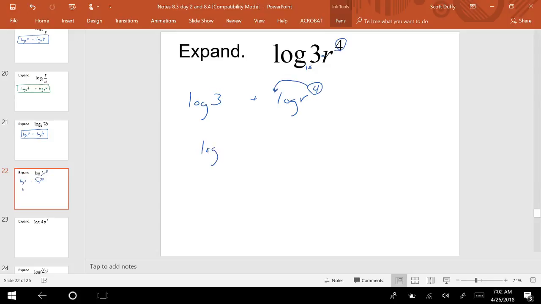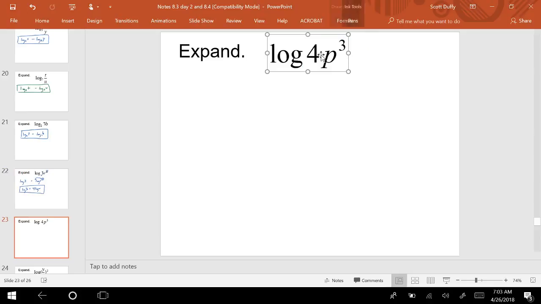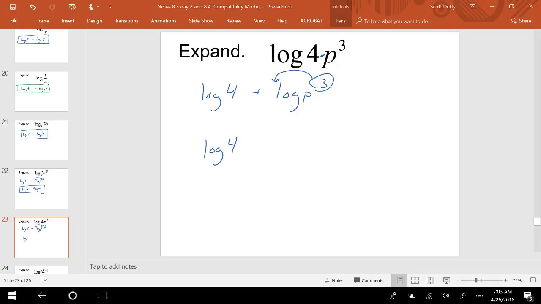So it's really log of 3 plus 4 times the log of r. Same thing here. Split the multiplication through addition. Log of 4 plus log p to the 3. Then realize 3 needs to come down. Log of 4 plus 3 times the log of p.